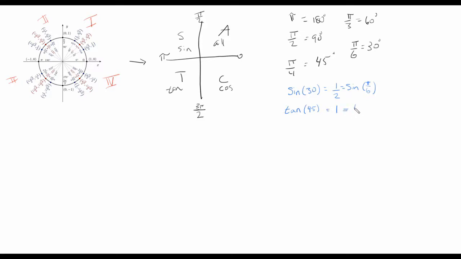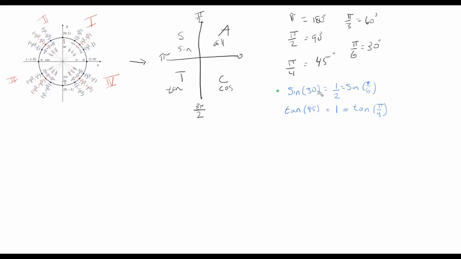And tangent of 45 is what? Tan of pi over 4. So if we know just these two facts, then we can take each one and build a triangle off of it. We'll do the sine one in green.